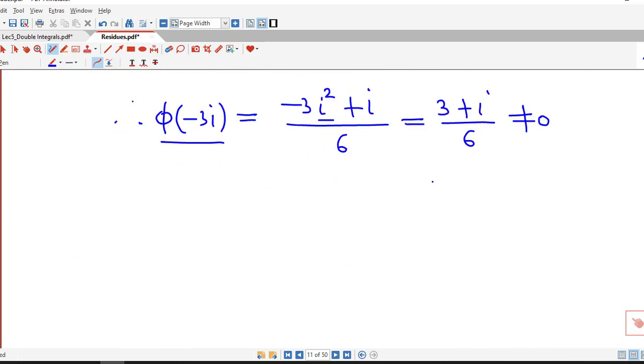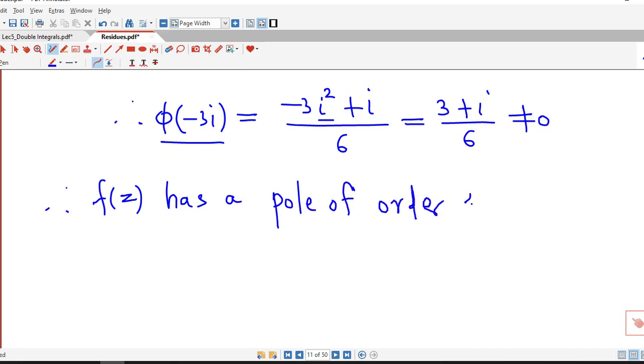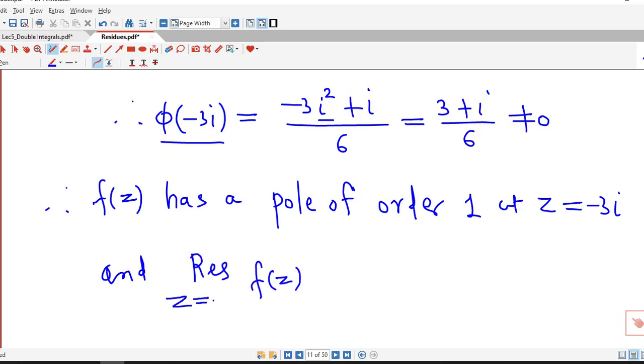So therefore f of z has a pole of order 1 at z equal to minus 3i, and the residue of f of z at z equal to minus 3i is equal to the value of phi at minus 3i, which is 3 plus i divided by 6.